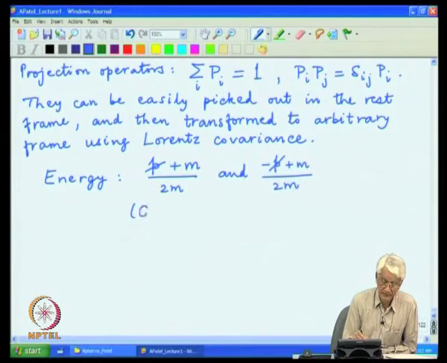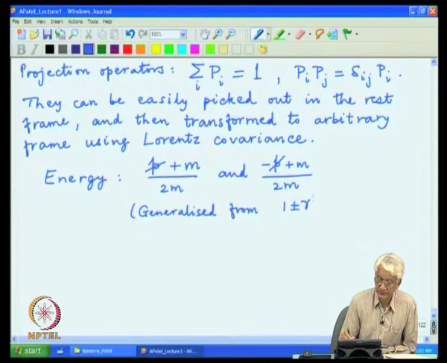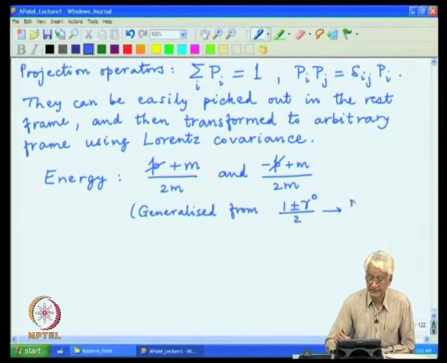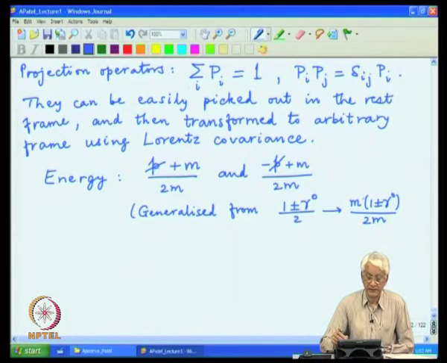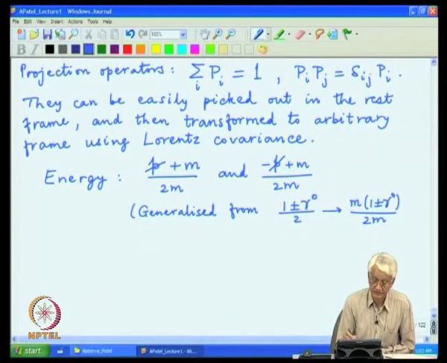These are generalized from 1 plus or minus gamma 0 by 2 to m times 1 plus or minus gamma 0 by 2 m, and using the fact that m is also a value of P 0 in the rest frame.